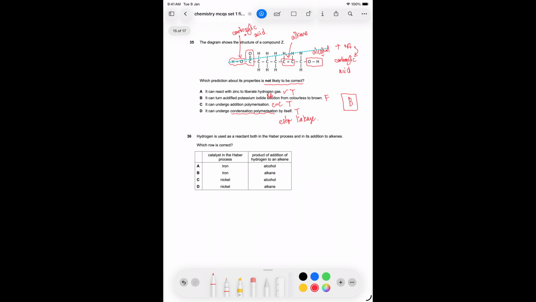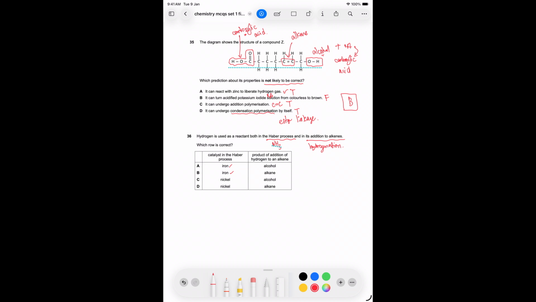36. Hydrogen is used as a reactant in both the Haber process and the addition of alkenes. Yes, hydrogenation. Hydrogenation is to produce your margarine, then your Haber process is to produce your ammonia. So which statement is correct? In the Haber process, iron is used as the catalyst.